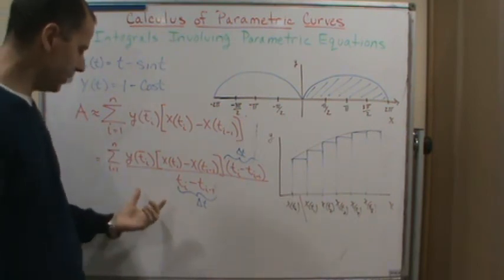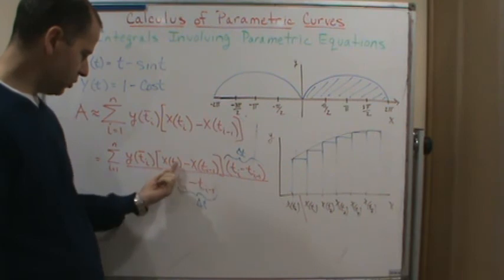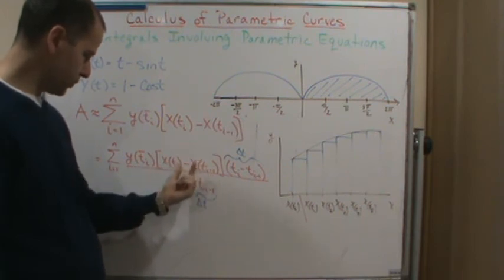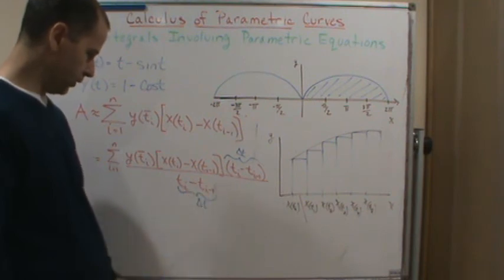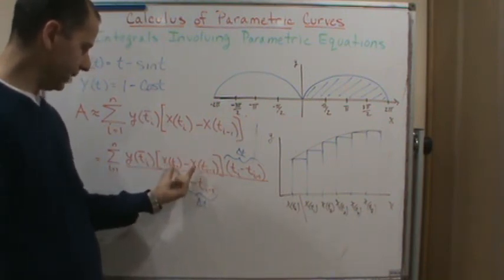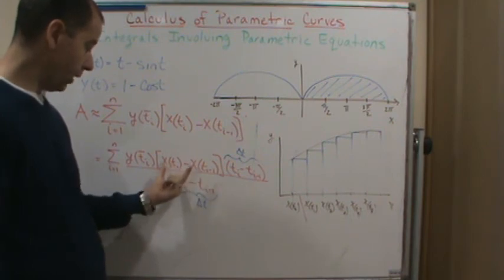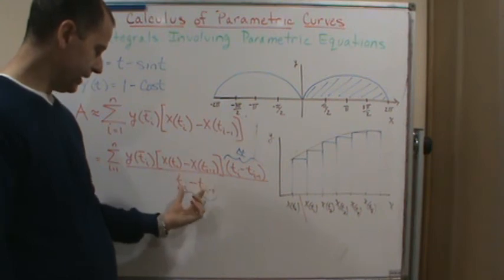As I take the limit, the distance between these two is getting smaller and smaller and smaller, right? And so this is getting smaller and smaller as well. So this is going to x of t, and this is becoming dt.